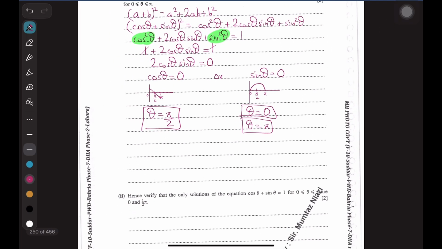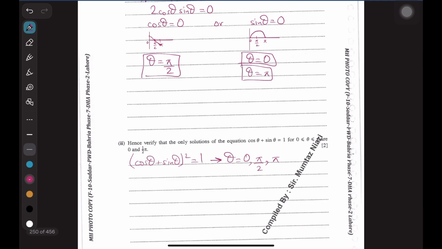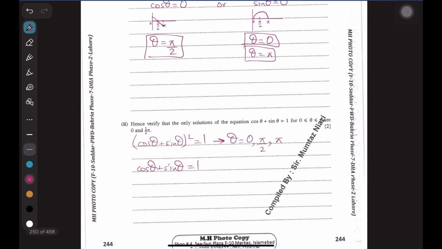So for the equation cos theta plus sin theta whole square equals 1, we got the solutions 0, pi by 2, and pi. Now we need to look at the equation cos theta plus sin theta equals 1. Alright, let's just verify.